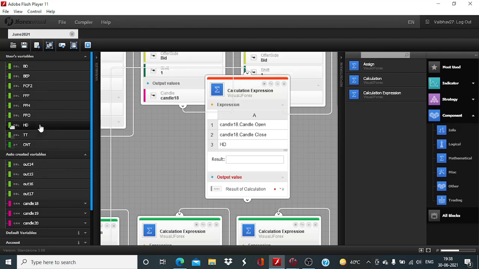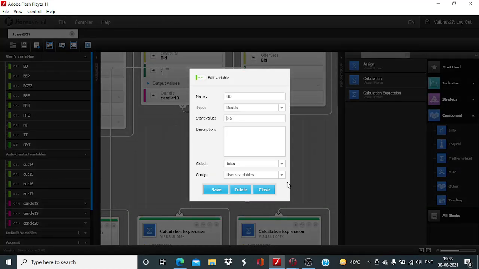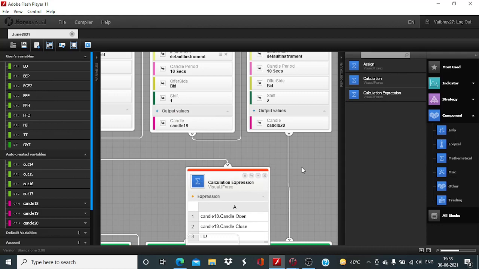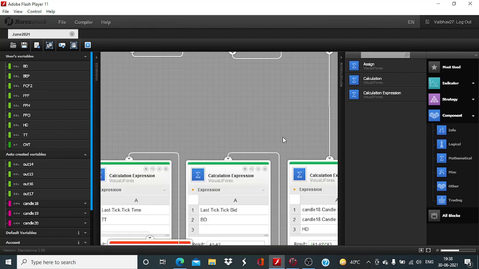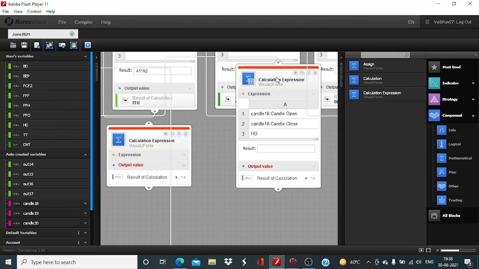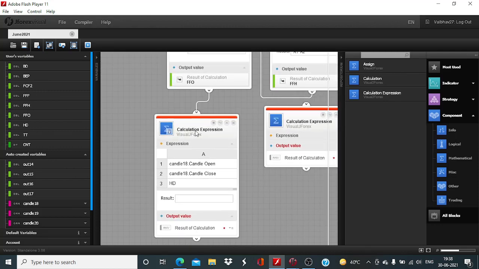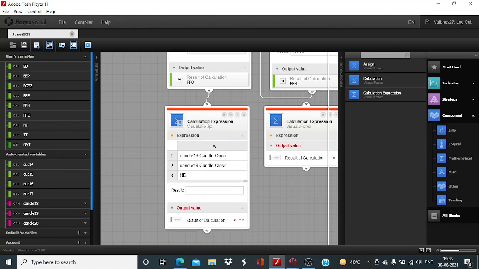Okay, so this is the calculation which will help us in defining the precise point of entry.